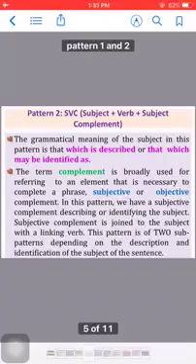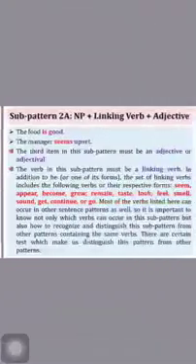Again, why do we have such sub-patterns within the same pattern? Because the subjective complement can be of different meanings, grammatically speaking, and can be of different forms. We will see this.